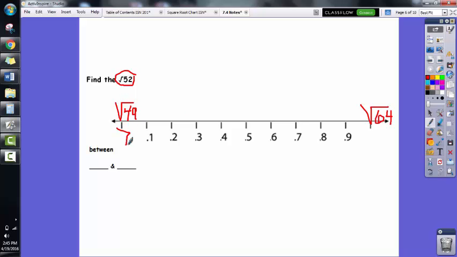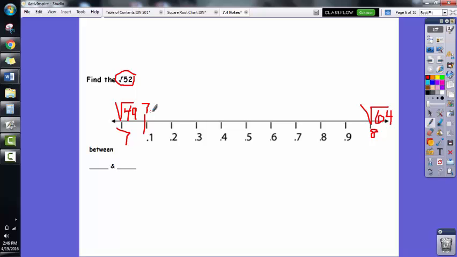Square root of 49 is 7, square root of 64 is 8. So now I know it's in between 7 and 8, but I want to get as close as I can. Now 52, that is pretty close to 49. It's 12 away from 64 and only 3 away from 49.